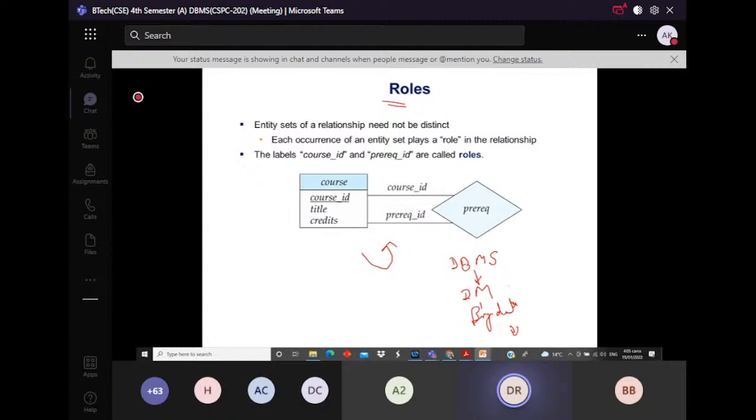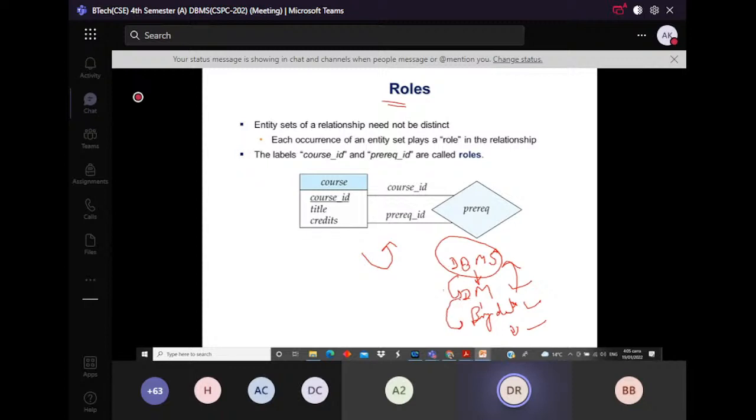To learn these subjects you should first learn DBMS. So DBMS is a prerequisite for data mining, and data mining and DBMS are prerequisites for big data.